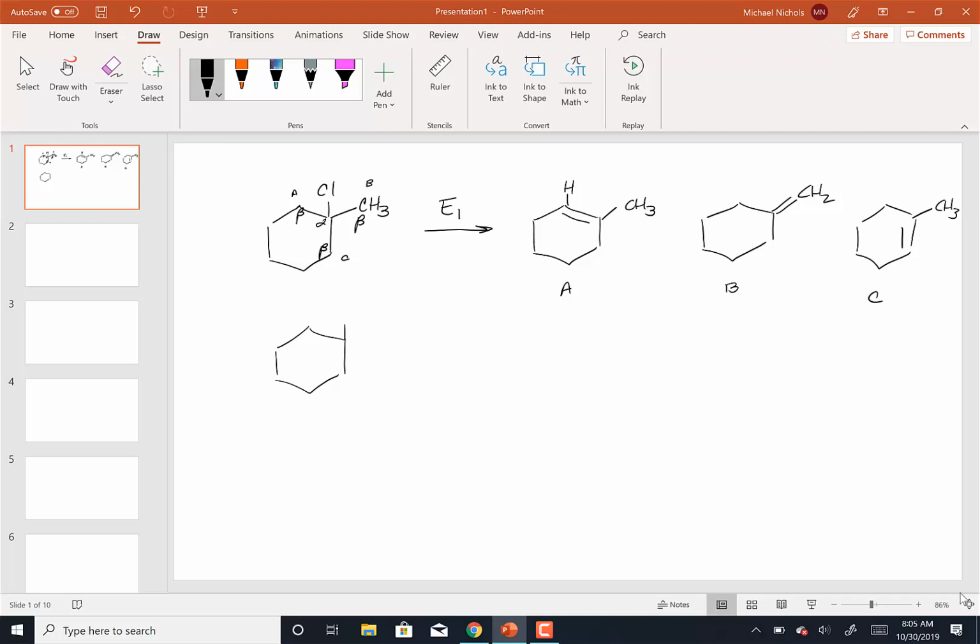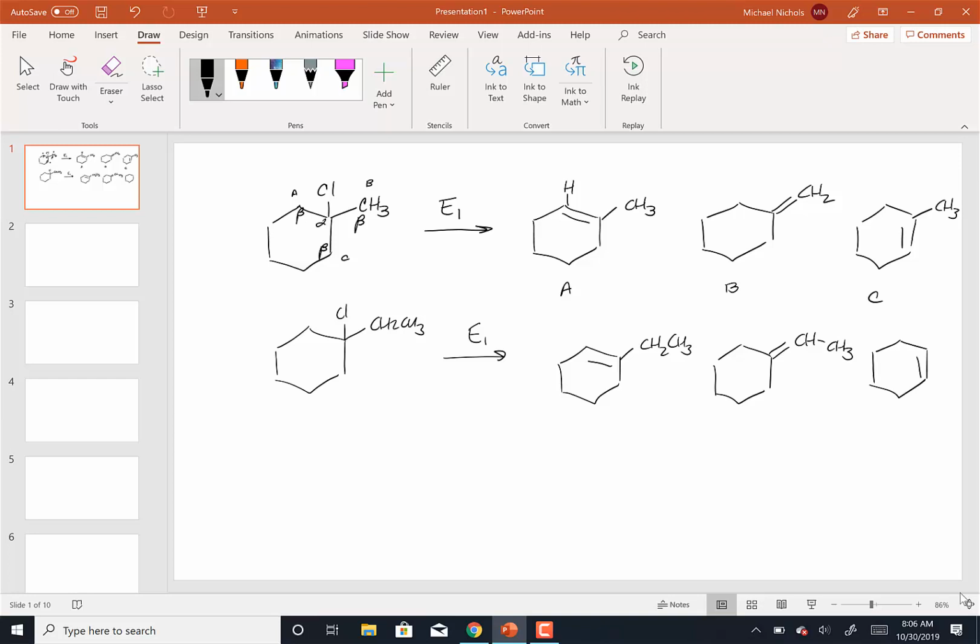If we change the structure of this and I put a CH2CH3 group on here instead of a CH3, and I do the same E1 reaction, I would get basically the same 3 products, only now I'm going to have a methyl group attached to the double bond outside the ring.